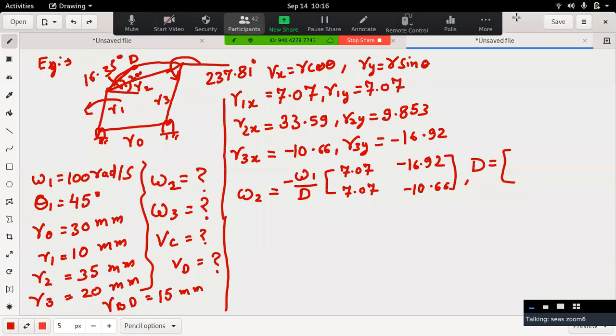Okay, so r2y is 9.853 and r2x is 33.59. r3y is minus 16.92 and r3x is minus 10.66.